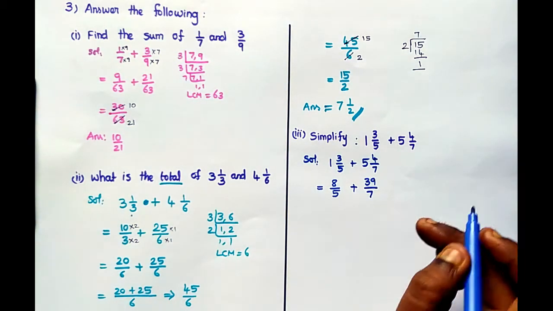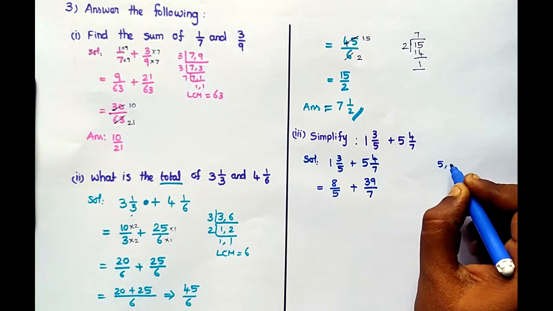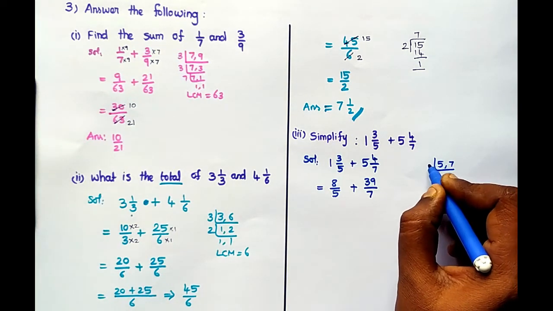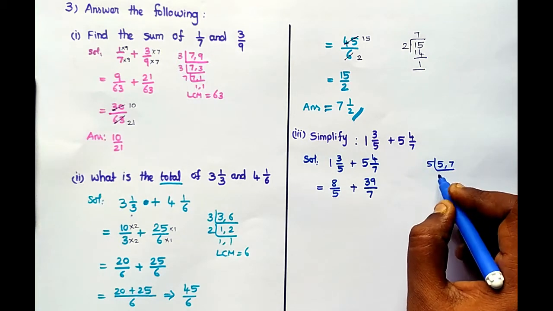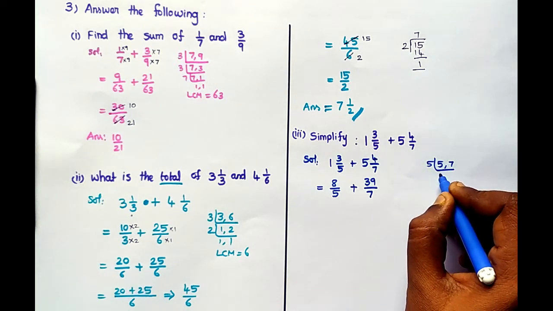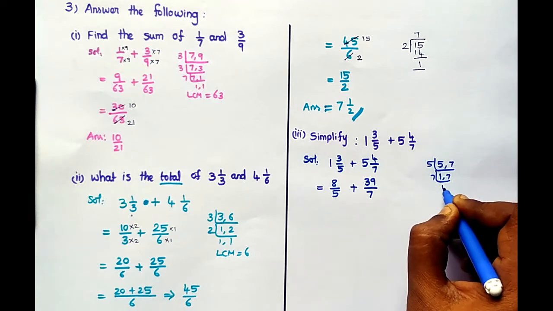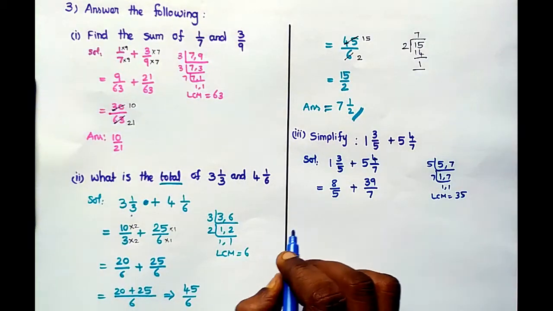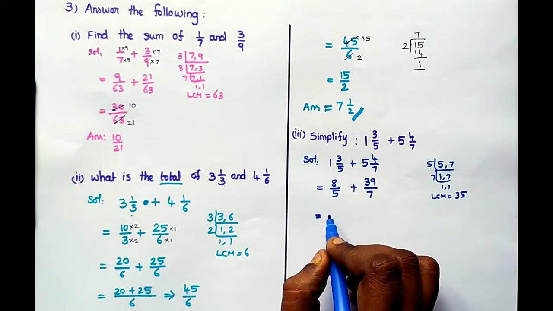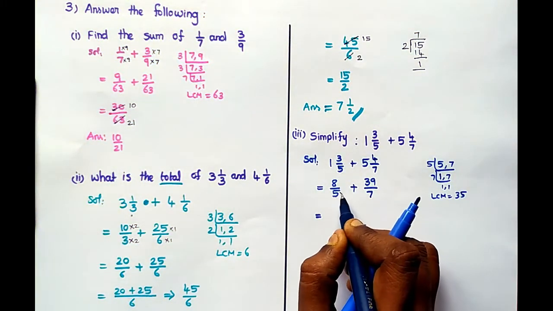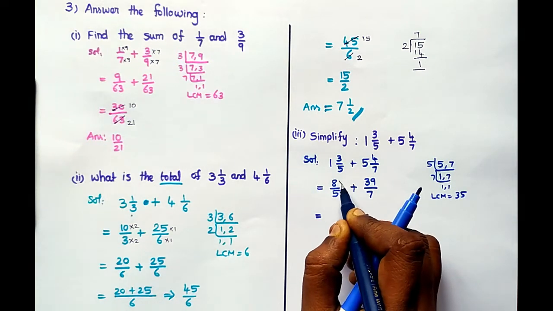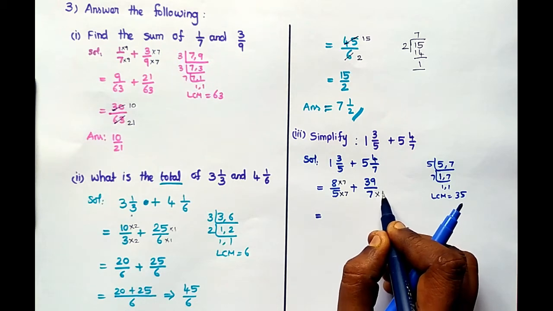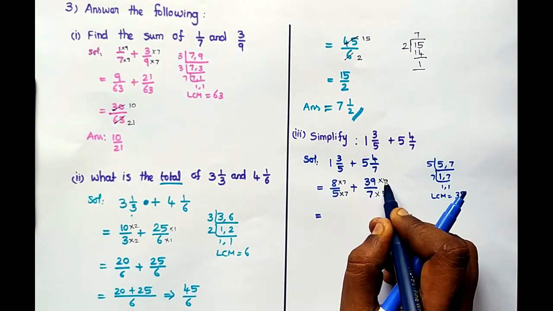Now take LCM for 5 and 7, both are prime numbers. So 5 7s are 35. LCM equal to 5 7s are 35. So multiply with 7 to get 35. The same number we have to multiply with the numerator, and 5 here, here also multiply with 5.